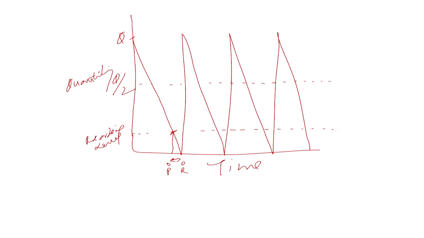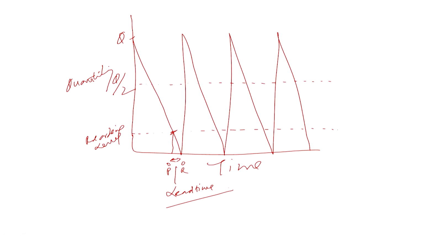So, we decide the reordering level, the level where placing the order is most optimum, and we know how much lead time is required. The time taken to receive the inventory is called the lead time.